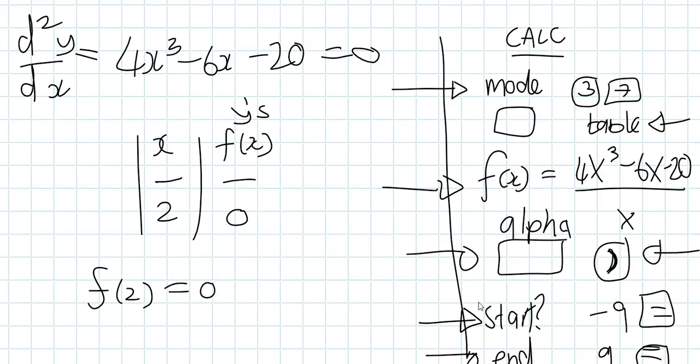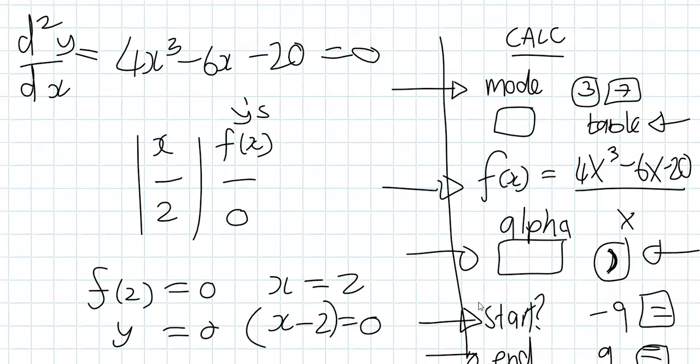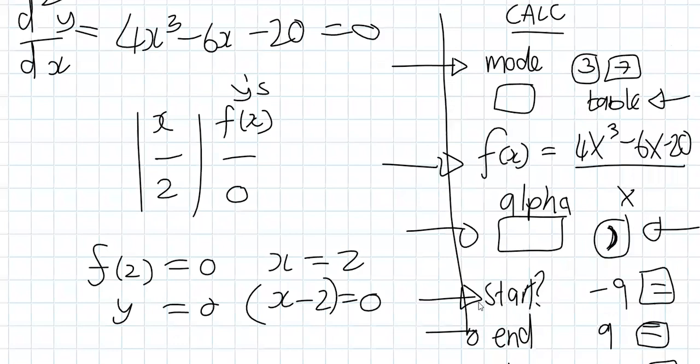So when x is 2, y equals 0. So f of 2 must be 0. Therefore, x equals 2, x minus 2 equals 0 is therefore our factor. X minus 2 is our first factor.